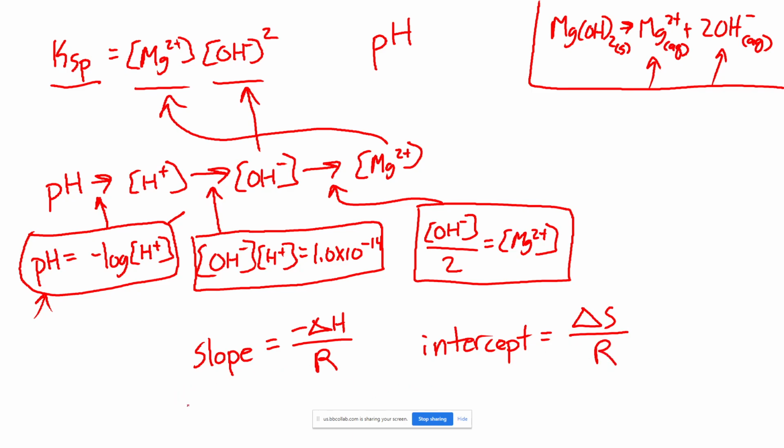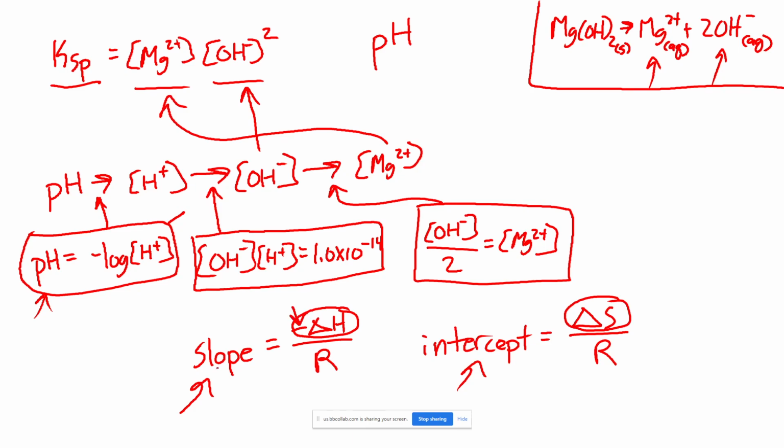So you're going to actually insert the actual number for each of those here. You will get a number from the graph for the slope, you will get a number for the intercept, and you will just plug those numbers in and solve for delta H and delta S. Don't forget that negative there, by the way.